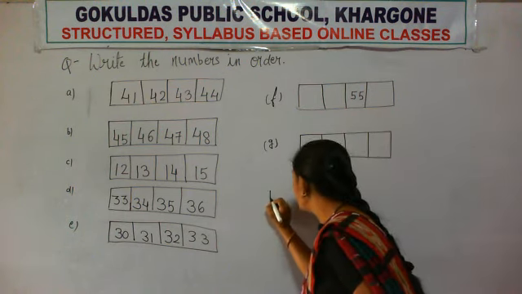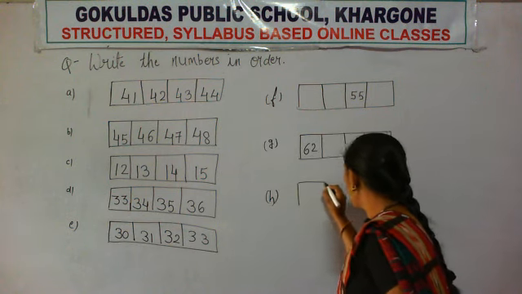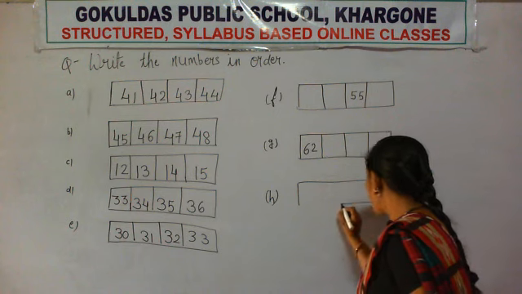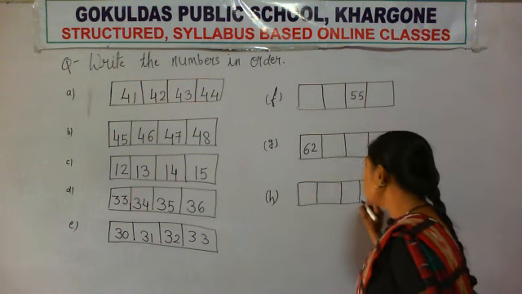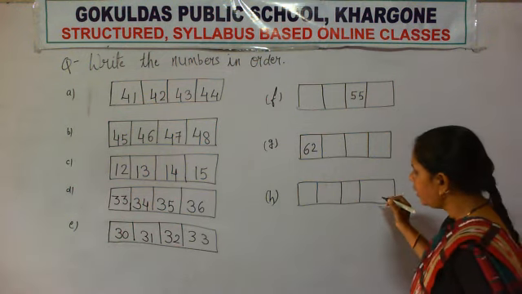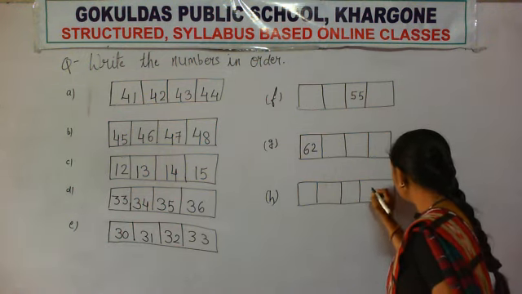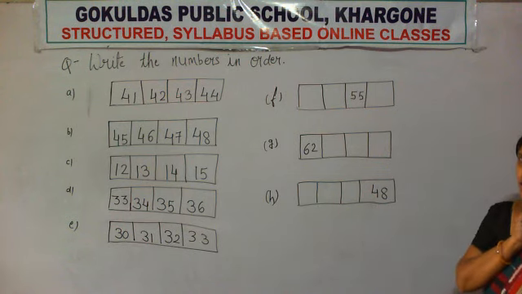Next is H. Are you able to do it? All the students, are you able to do the question or not? Are you able to fill the boxes or not? Okay, so write it. These 3 questions you have to fill.